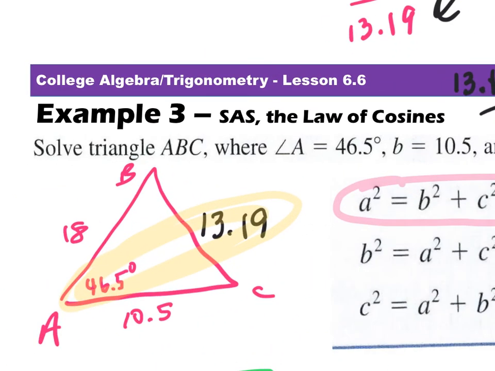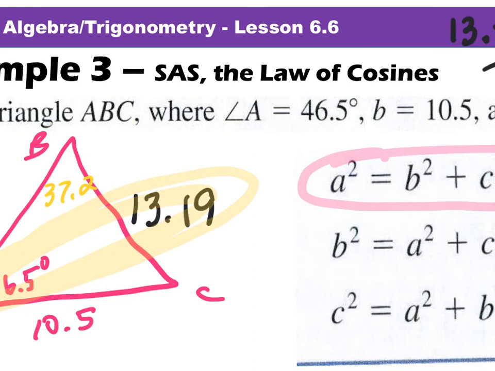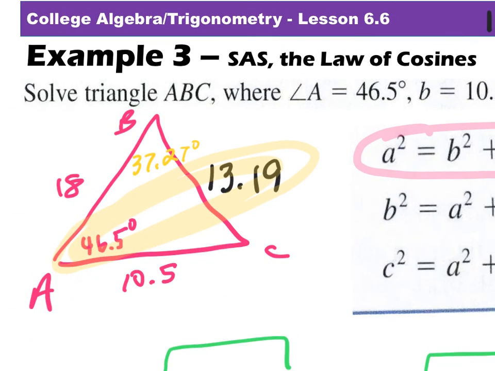So angle B we have about 35.27 degrees. If I'm trying to find the third angle, what do I do? Add them up and subtract from 180. Correct. Good job.